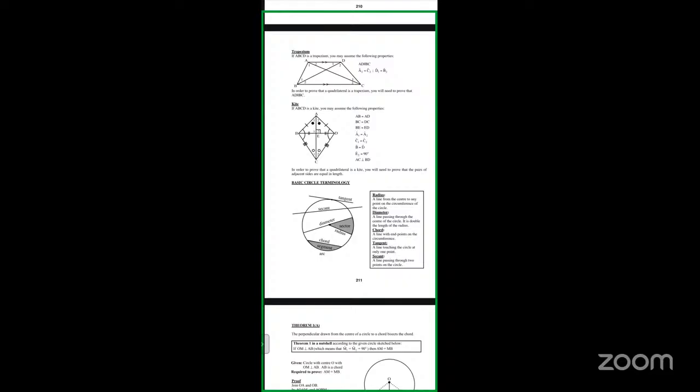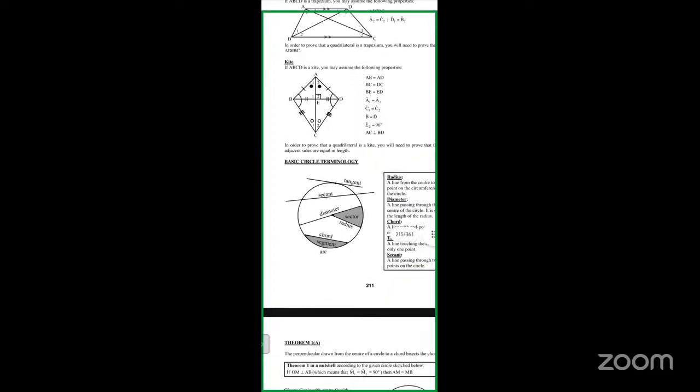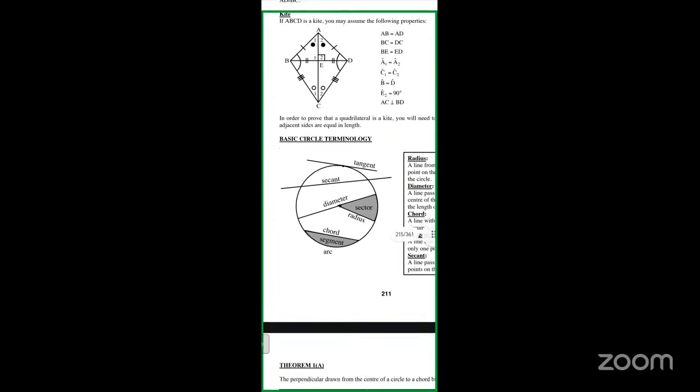So the segment is that shaded portion between an arc and the chord. Then we also have a sector. It's also that shaded part right within those radii, because remember the plural of radius is radii. So that shaded part is the sector between those radii and the arc.